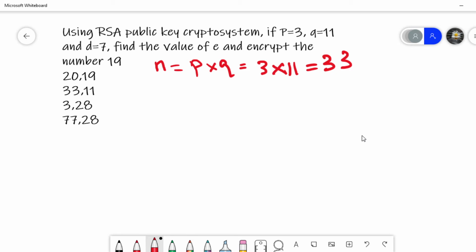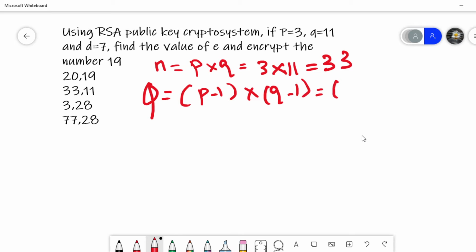Then the pi value is P minus 1 into Q minus 1. So P value is 3, 3 minus 1. Then Q value is 11, 11 minus 1. So 2 into 10, 20.